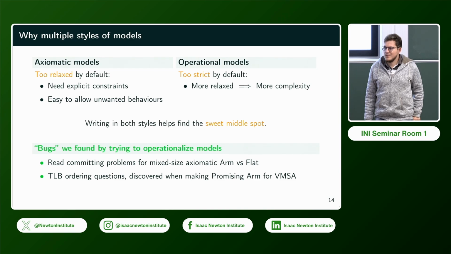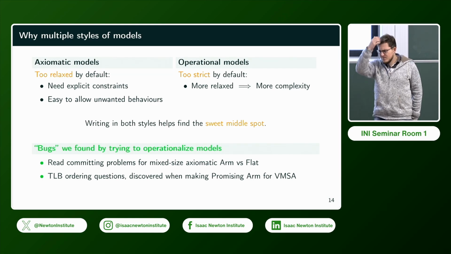Hopefully one of the things this work will enable us to do is to write that down. Christopher Pulte's PhD thesis was a paper proof of the axiomatic-operational correspondence for the ARM model as it was then. But apart from that, we more or less have experimental testing comparisons, big sweeps of litmus tests.